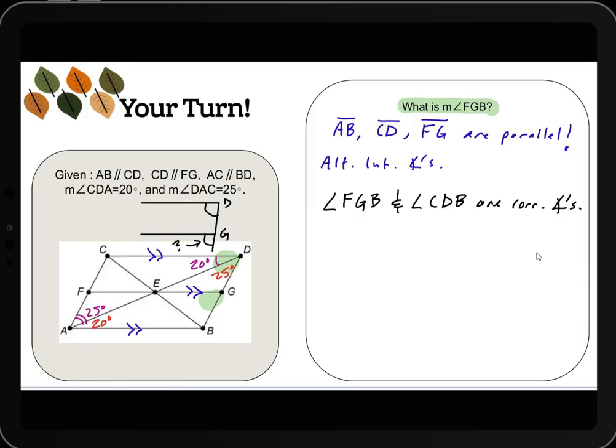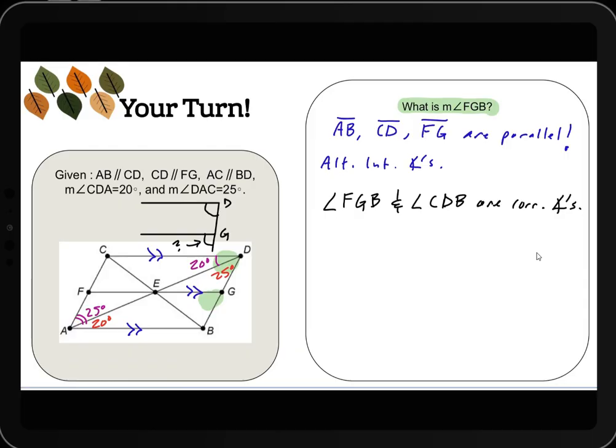Why are those angles 25 and 20 degrees? We want to be careful, because the other thing that's a fact here that's established is, and actually I kind of jumped the gun a little bit, because I said that AB is parallel to CD is parallel to FG, and AC.